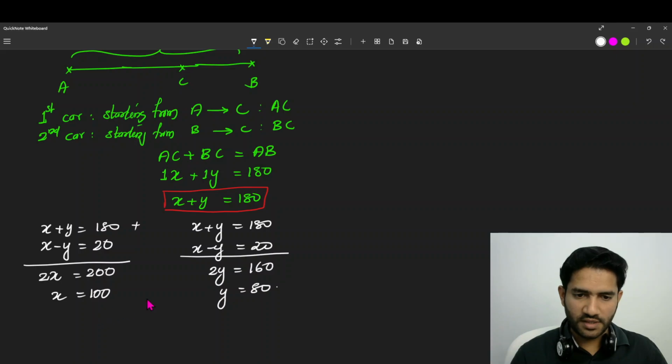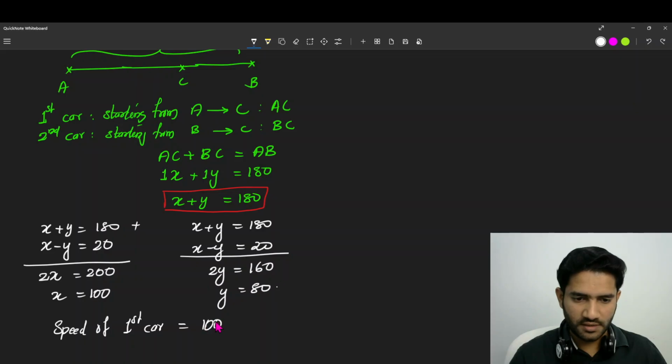So x equal to 100, y is equal to 80. What is x? Speed. So speed of first car is equal to 100 kilometer per hour. Speed of second car.